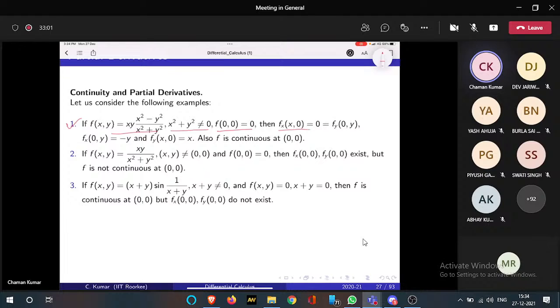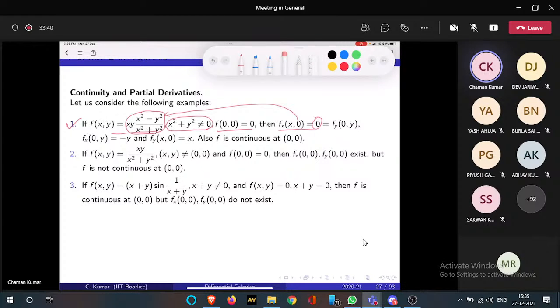You can calculate the partial derivative of this function at point (x, 0). So that means y is 0, so you put y is equal to 0 here, right? And x is not 0, let's say. So when x is not 0, y is 0, that means x square plus 0 square is not 0. So when y is 0, clearly the function is 0. And the derivative of 0 will be 0, so you get 0.